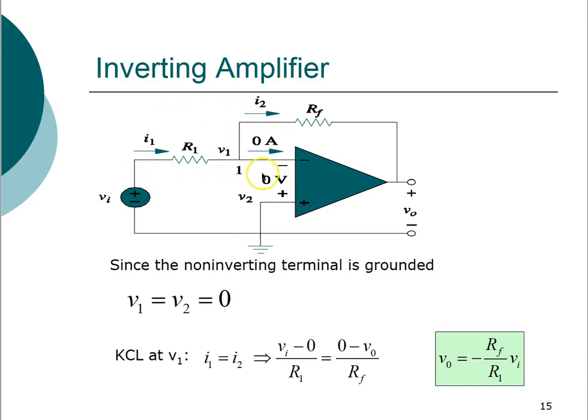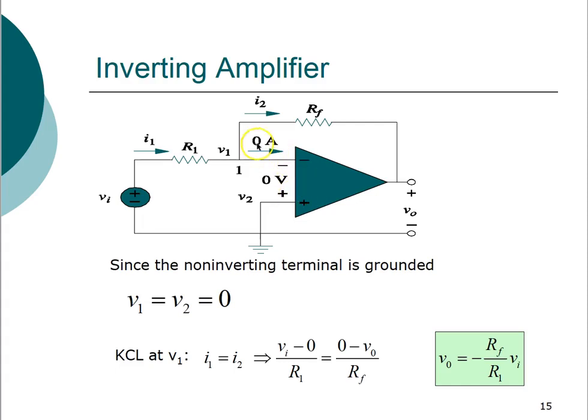So here is your R1 resistance connected here, and this is your feedback RF. Current I1 is going in here, and then some part of the current is going in this feedback loop, and then zero current is going inside this op-amp. Why? Because we are considering that the input resistance or input impedance is infinite.